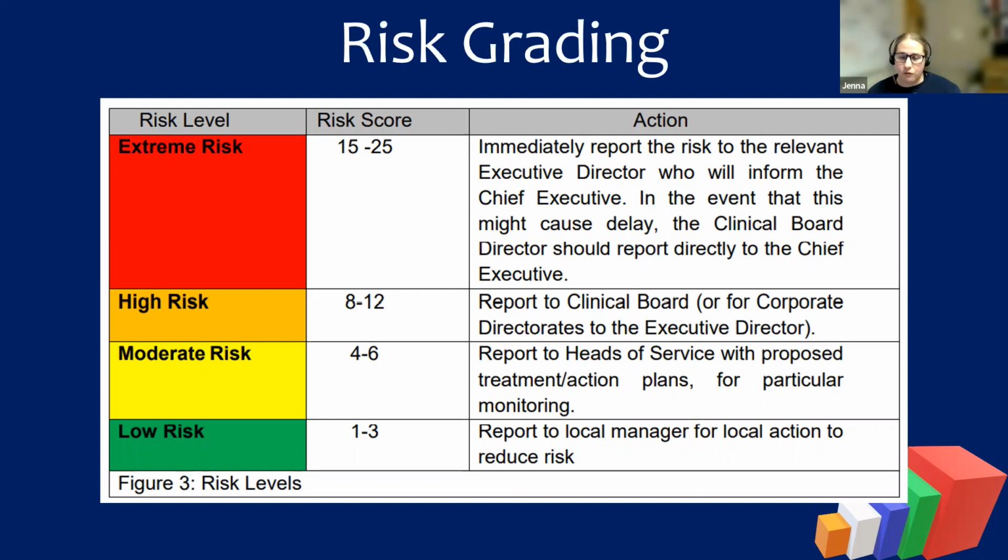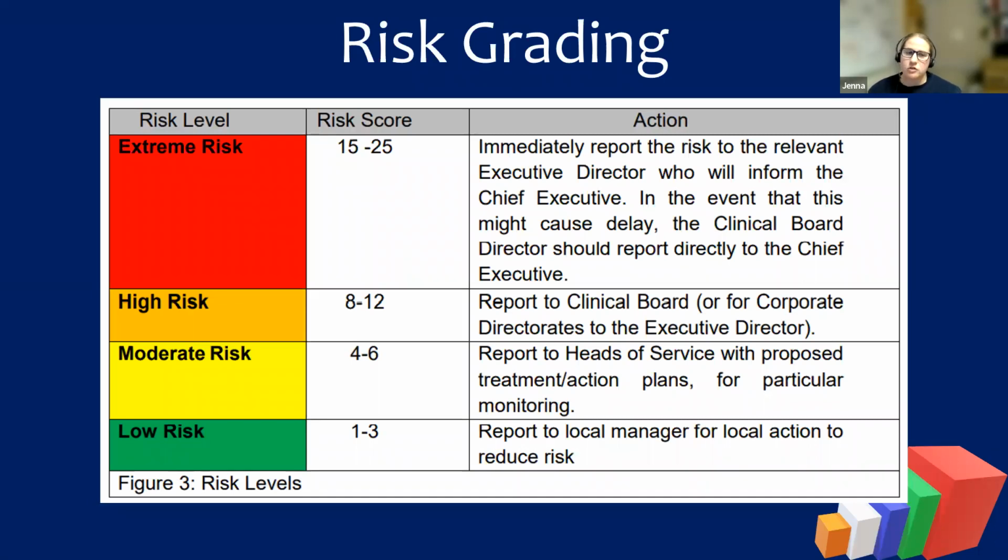Because if there's a difference between your target risk score and your current risk score, then that should initiate the development of an action plan. What else do we need to do to make sure that we are meeting that target risk score? And we need to be practical about what can be put in place, so that it's not unrealistic and that it's achievable.